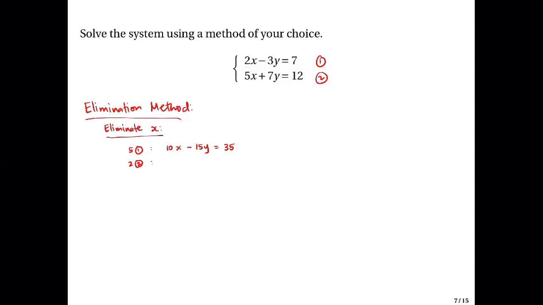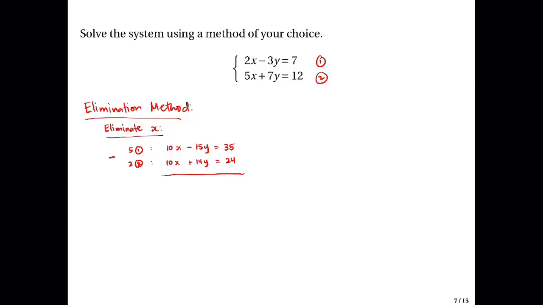And then for the second equation, we multiply by 2. So we will have 10x + 14y equal to 24. And from here, we can subtract the second from the first, which means that we will have 10x - 10x, that's just 0.